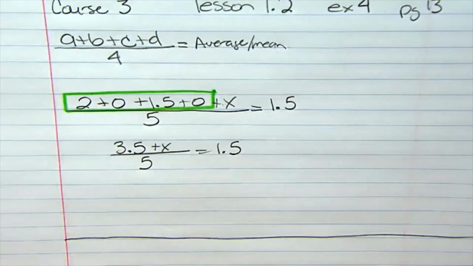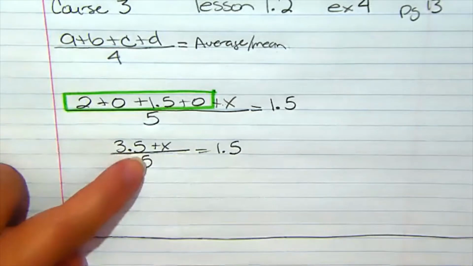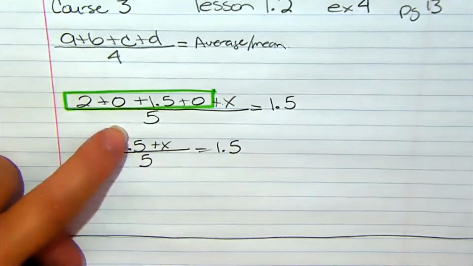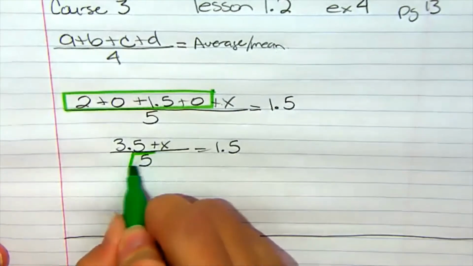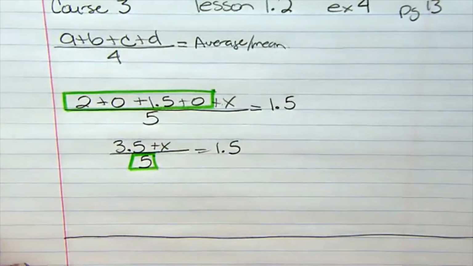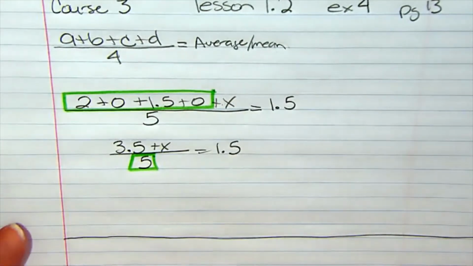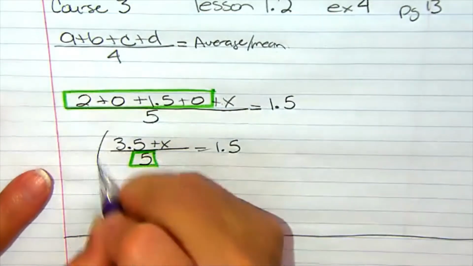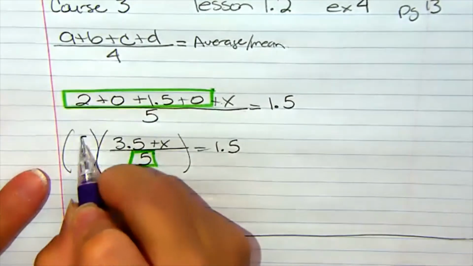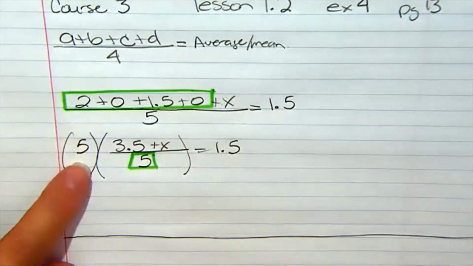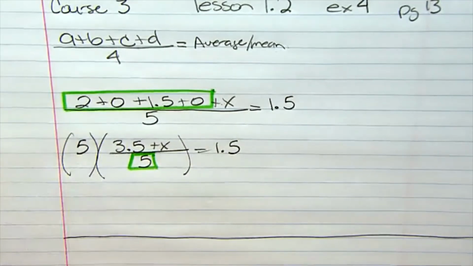Okay, now I want to get rid of this denominator. I want to get rid of the fraction. So to do that, I'm going to multiply this whole side by the reciprocal, by 5 or 5 over 1. 5 over 1 is implied.